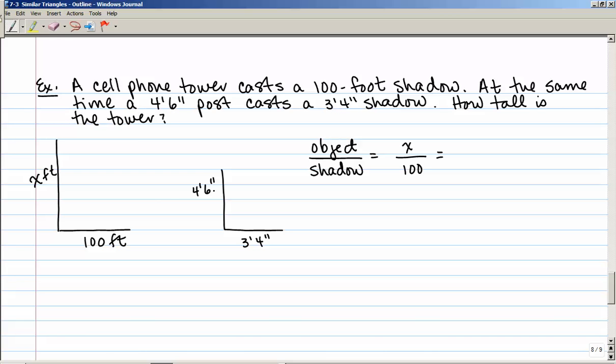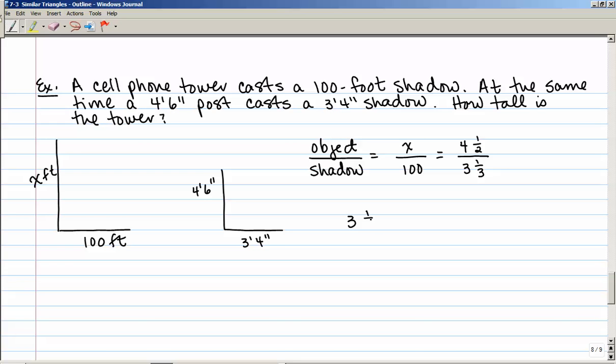So a 4-foot 6-inch post, 6 inches is a half a foot. That's actually 4.5 feet tall. My post is 4.5 feet because 6 inches is a half a foot. And its shadow is 3 feet 4 inches. 4 inches is 1/3 of a foot. So that's 3 1/3.